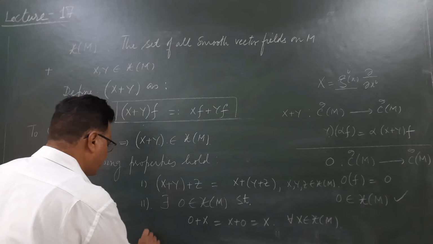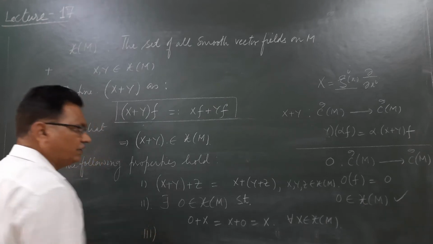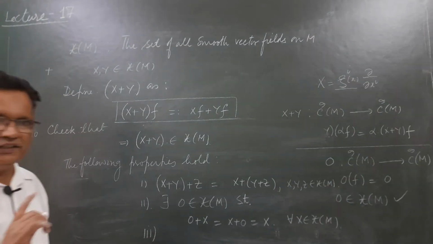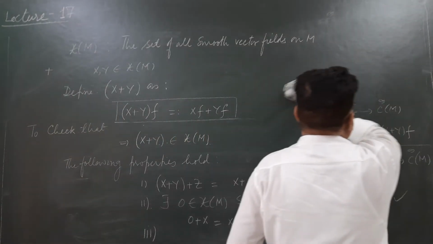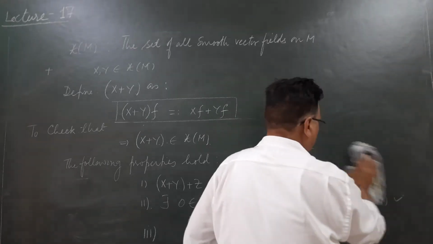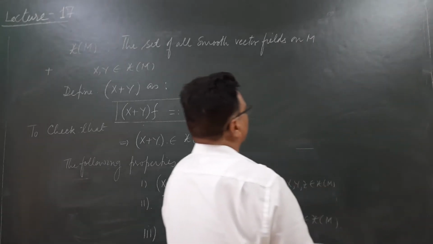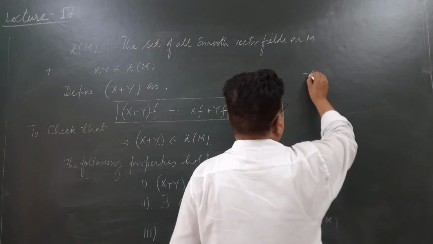And in the third step, you will search out an additive inverse for a given vector field, and that must behave like a minus x. So I will put its name as minus x.